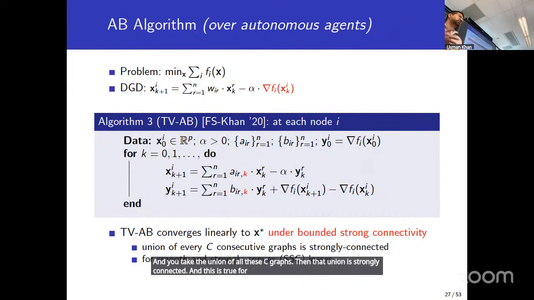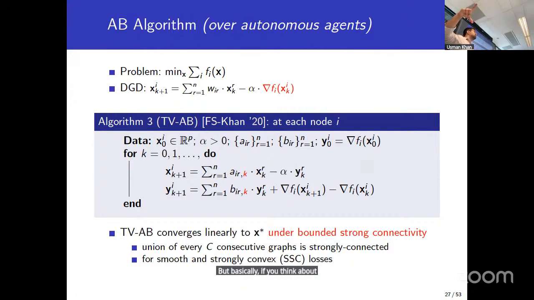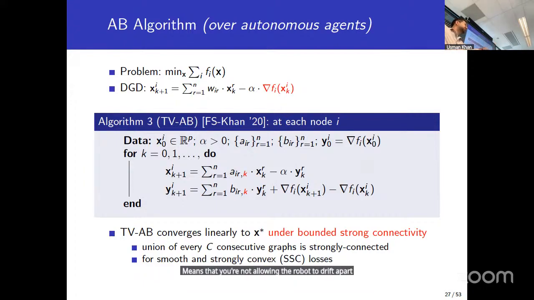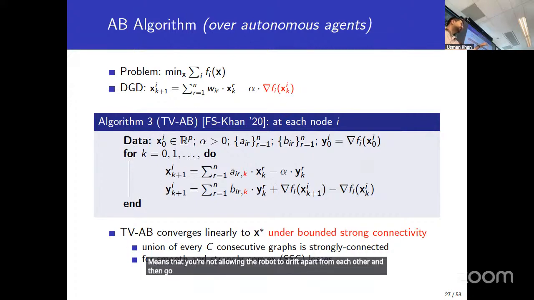So I know it's a bit of a stronger assumption, but basically, if you think about it, if your robots are in a room, in a confined setting, then it's saying that each robot is able to see enough over a certain finite period of time. It means that you're not allowing the robots to drift apart from each other and go to infinity forever, right?